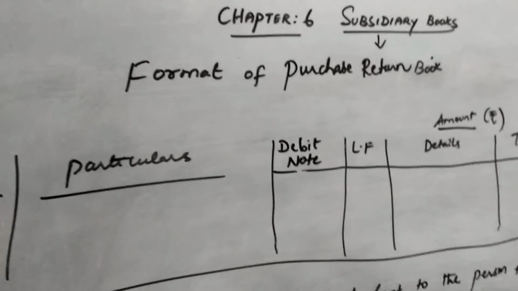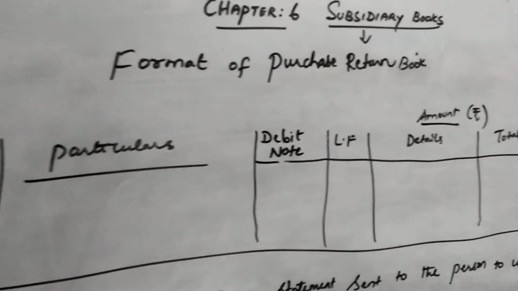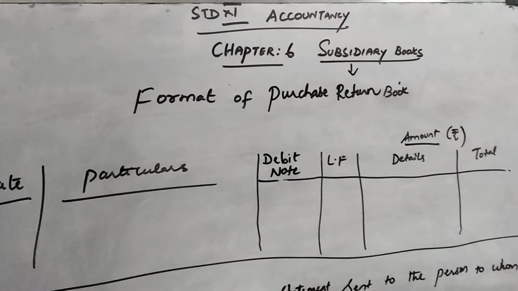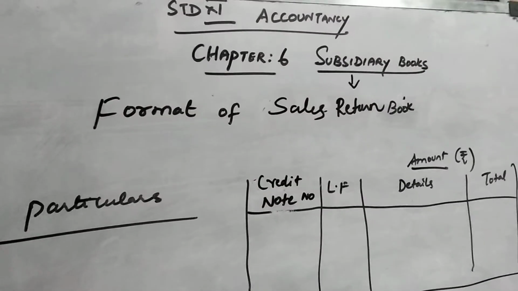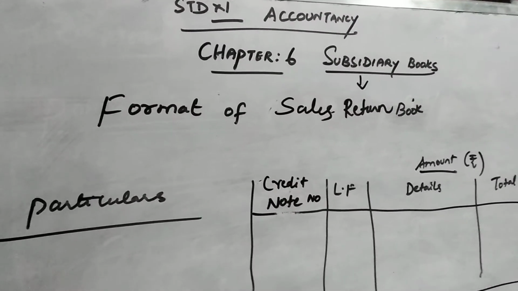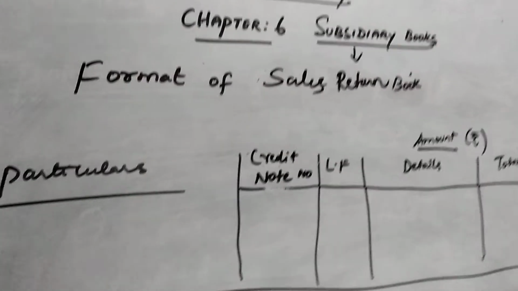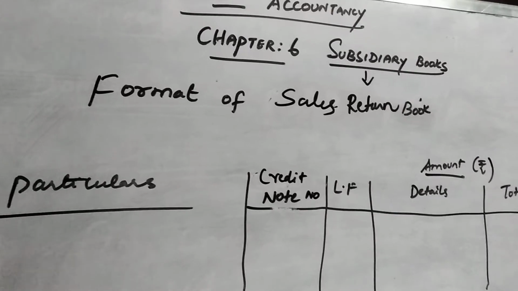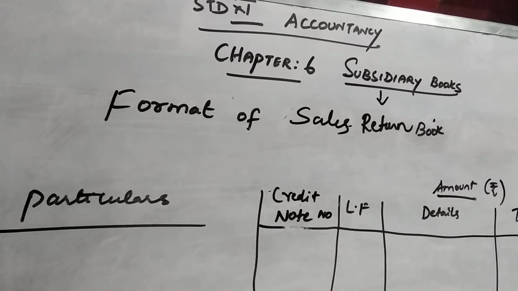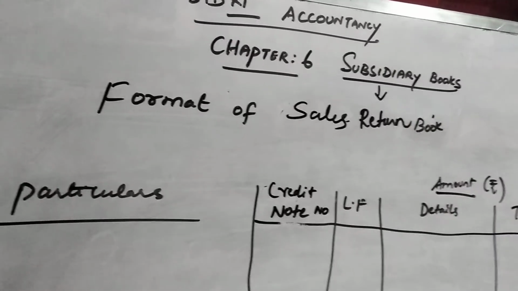So this is the format of purchase return book. In the previous format of purchase return book, in the last column I didn't write remarks. The reason for the return will be mentioned there.